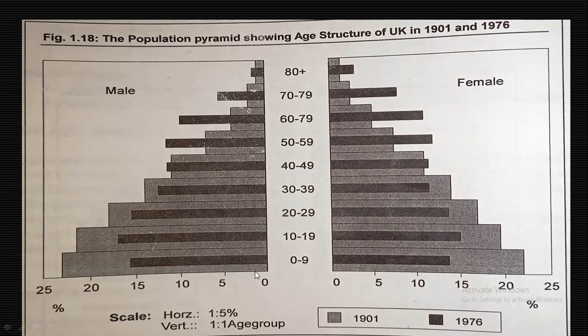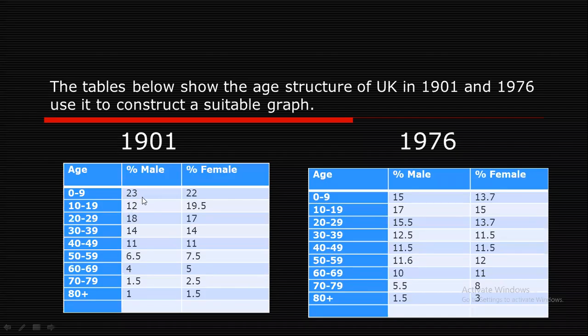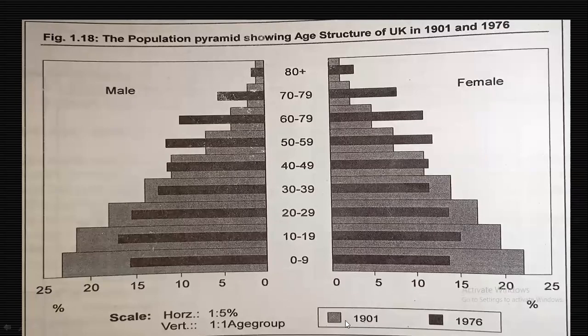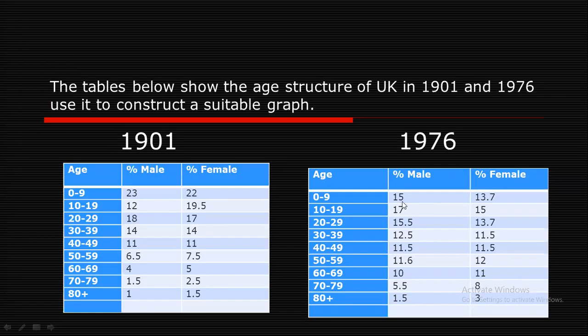How do we do it? For example, we are having a unit for male, 23 in 2001, and this 23 is where it is going up to here. We draw it 2 centimeters, but within here, when we look at the other unit we are going to represent, it is 15 for 1976.